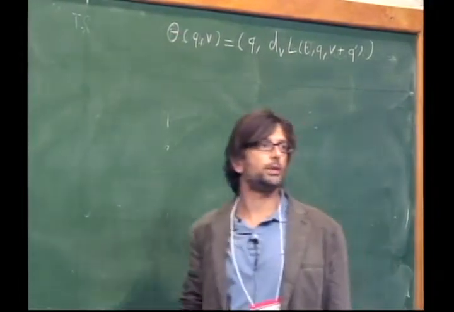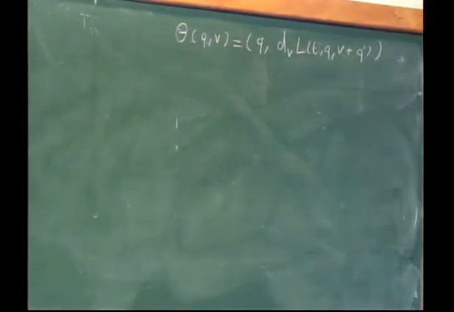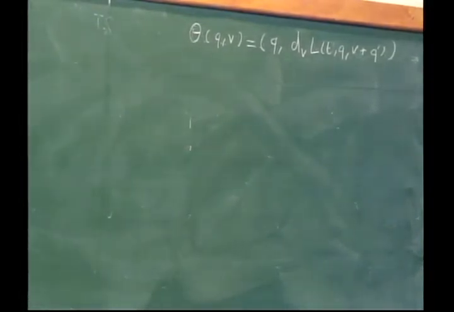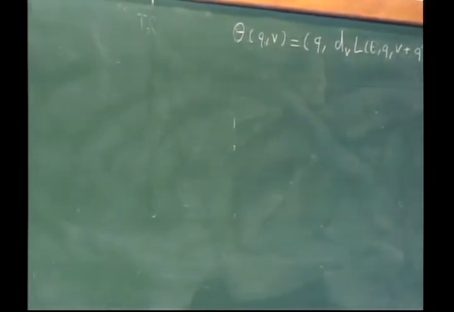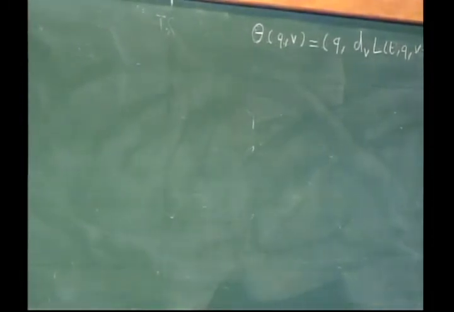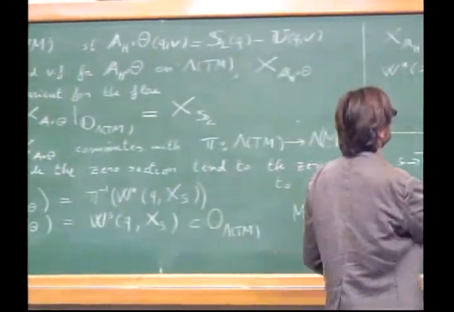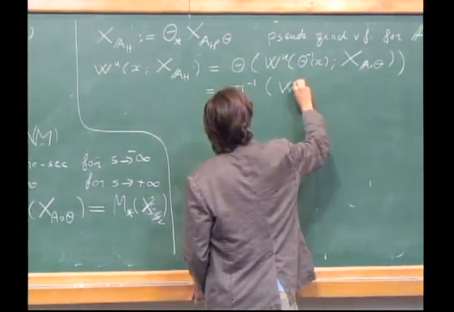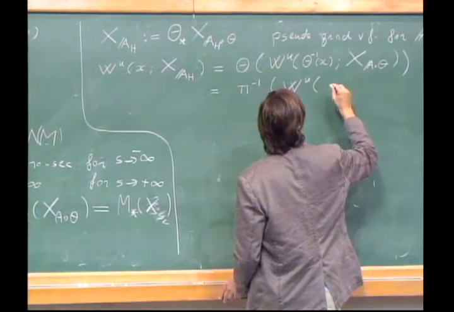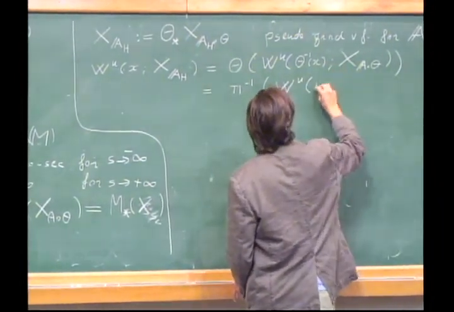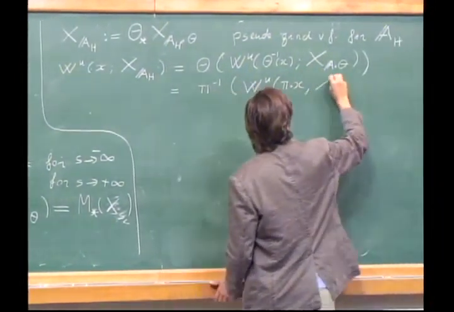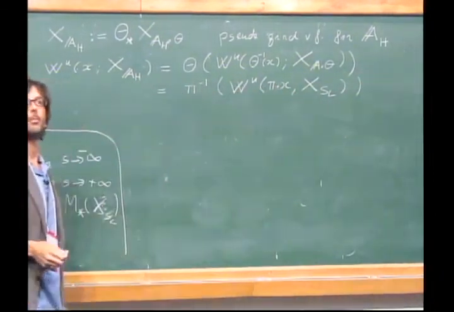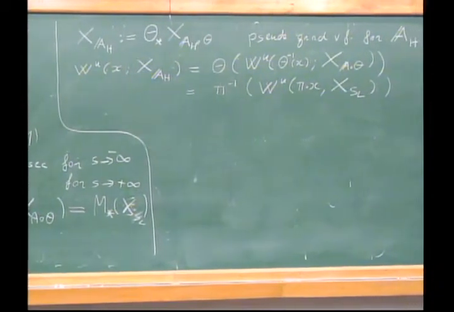This was the definition of this diffeomorphism theta. Well, this is the unstable manifold of this, and this theta is fiber preserving. So this remains the same thing. This is actually pi minus 1 of the unstable manifold of, say, the projection of x with respect to X_SL. This is the unstable manifold.